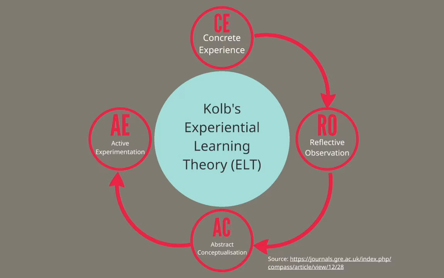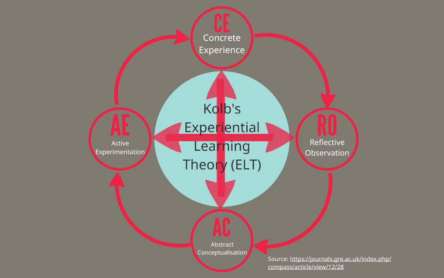We actively experiment with them and use them to complete the cycle and move back to conducting concrete experiences. Now, this isn't just a cycle. It's possible to move between reflective observation and active experimentation without going in too much detail about theoretical and abstract conceptualization, and vice versa. This is a very general theory.